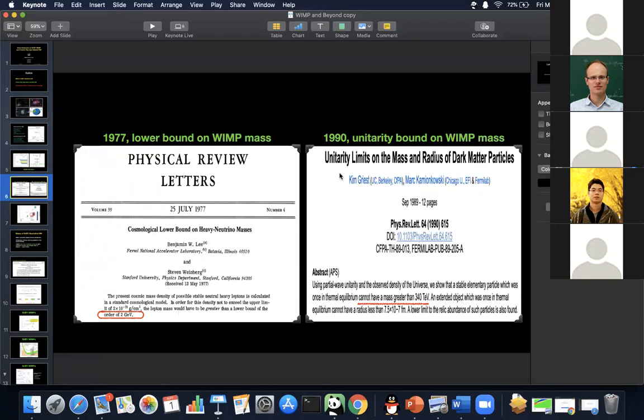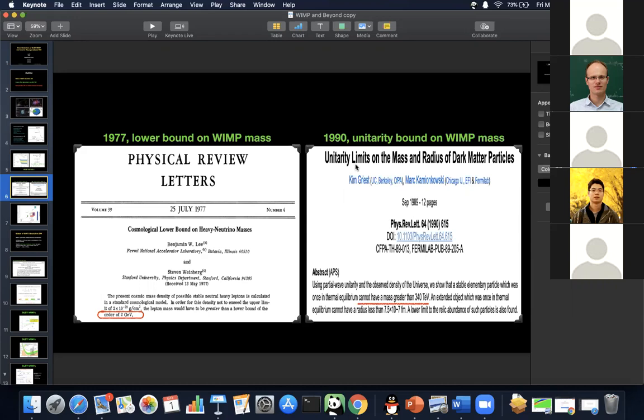And in the 1990s, someone studied the upper bound. If we know the upper bound, we can know which machine we need to discover the dark matter, just like collider searches for new particles. If we know the scale of new particles, we know how much energy we need to discover them.